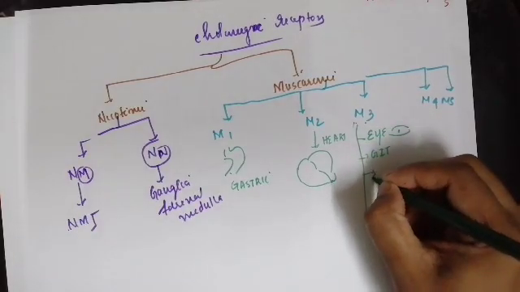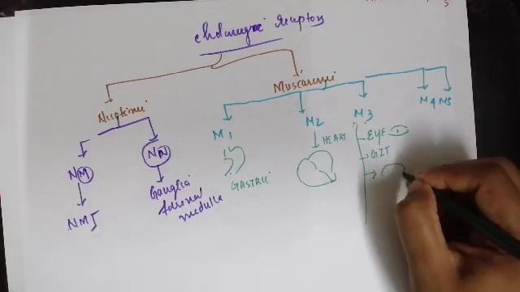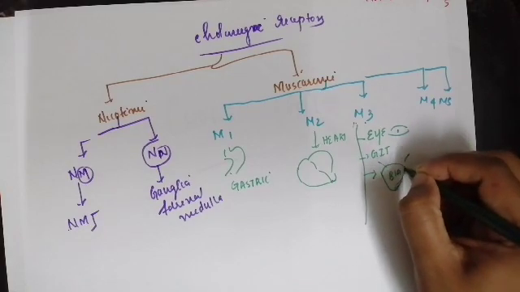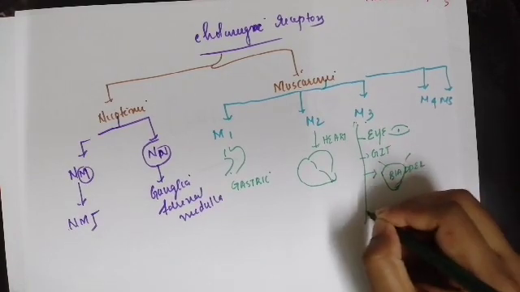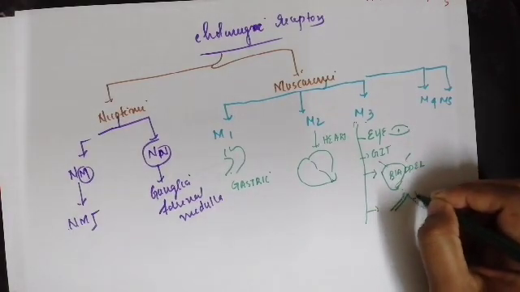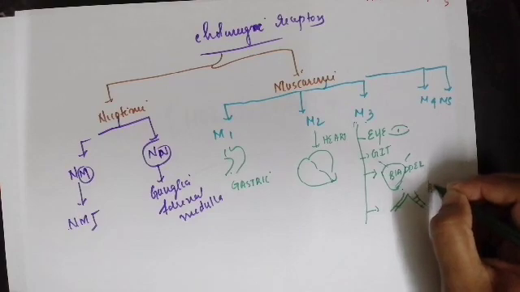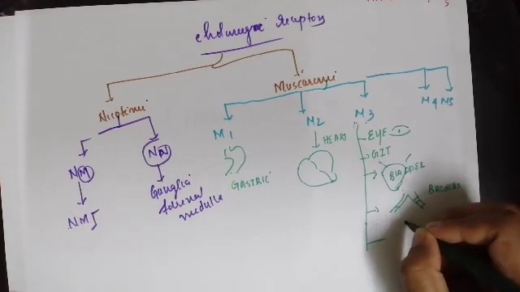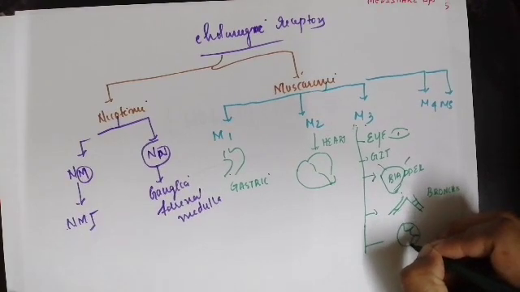Then it is also present in the bladder, the bronchus, and also in the glands.